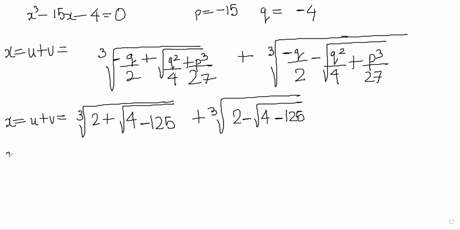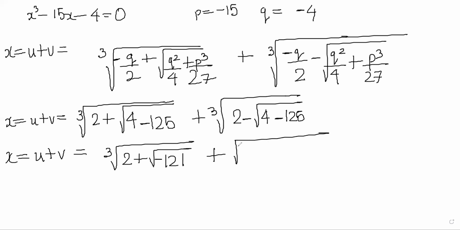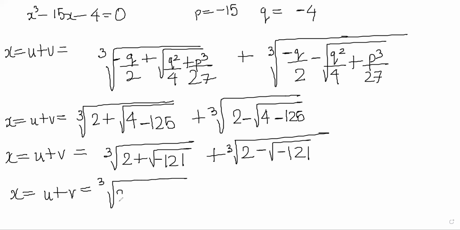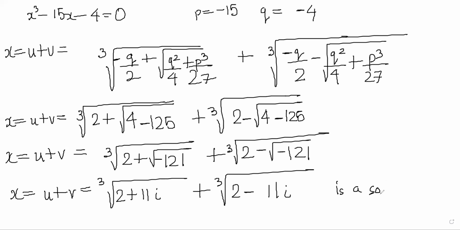So what we are getting here is x is equal to u plus v is equal to cube root of 2 plus root of minus 121 plus cube root of 2 minus root of minus 121. So this is a complex number. So we can write x is equal to u plus v is equal to cube root of 2 plus 11i plus cube root of 2 minus 11i, right? This is the solution of the equation.